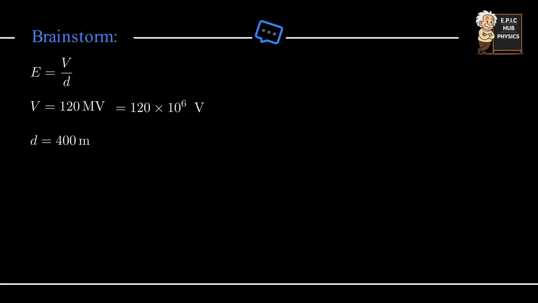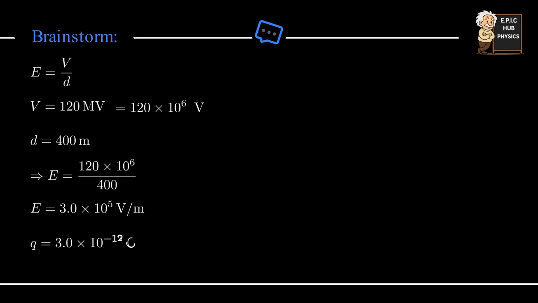Substituting these values into the equation for electric field strength gives E = 120 × 10^6 divided by 400. Carrying out the calculation gives an electric field strength of 3.0 × 10^5 volts per meter. Next, we calculate the electric force acting on the droplet. The charge on the droplet is 3.0 × 10^-12 coulombs.